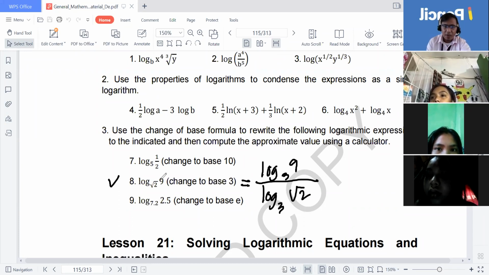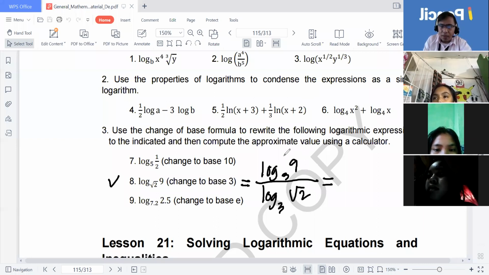As simple as that. The number goes on top, with its base, and the base you will use now is the one you want to change to.